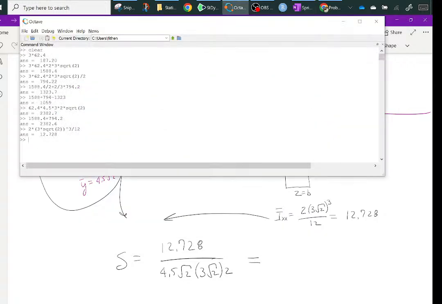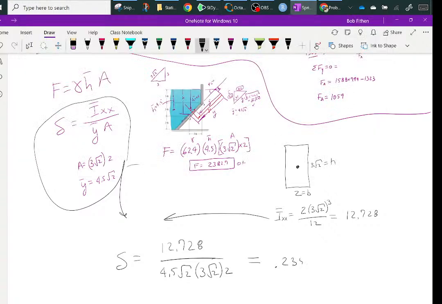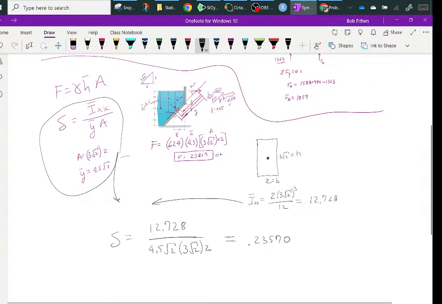And I'm not going to go drink caffeine. So, divided by 4.5. Divided by, I know I can do this quicker, but I'm just going to divide by 3, divided by 2, divided by square root of 2. 0.235. 0.23570. Now, what does that mean?